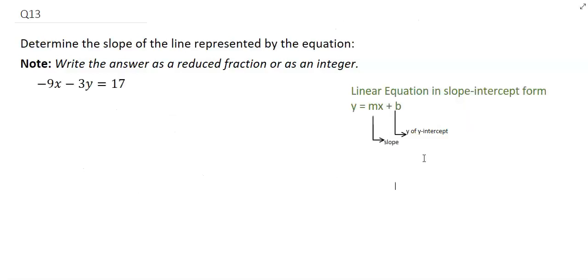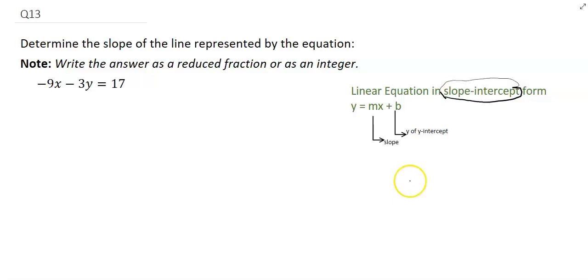Okay. Now I don't have 2 points, but I have an equation that defines a line. And they want you to find the slope by looking at the line. The only way that I can immediately find the slope is if I have the equation in the slope-intercept form.